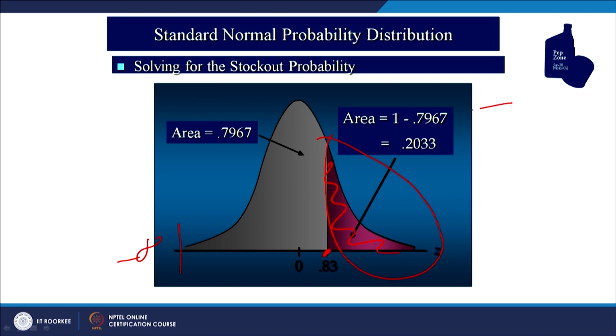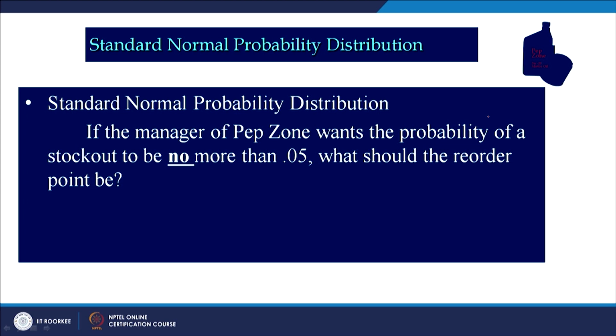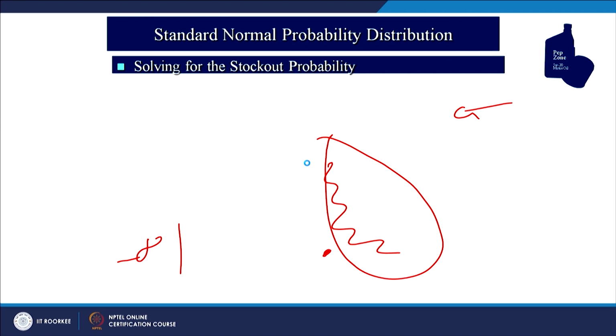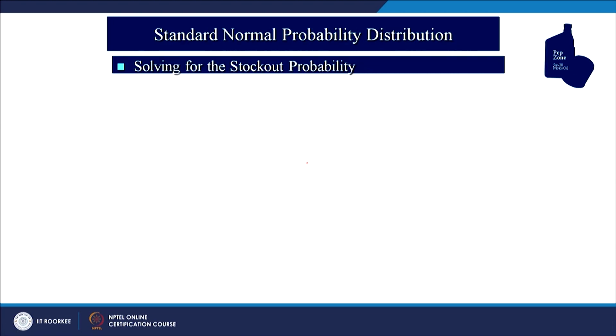So, 1 minus 0.7967. Now, the probability of stock out here is 20%, is not it, 20.33%.